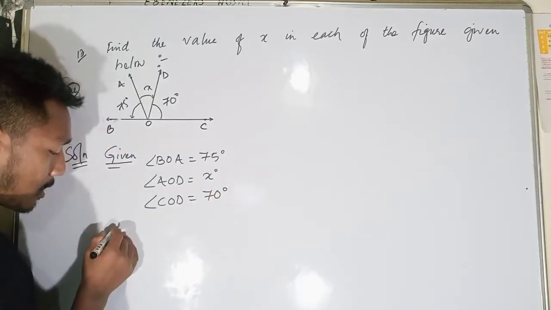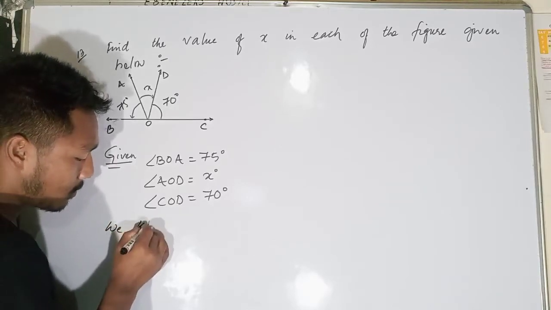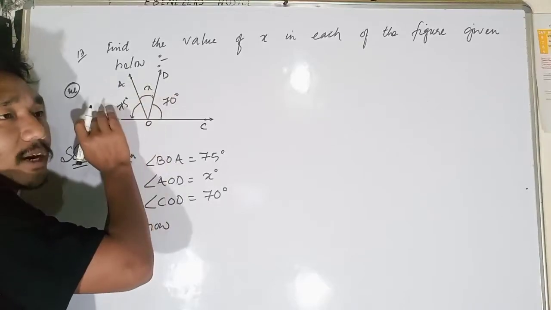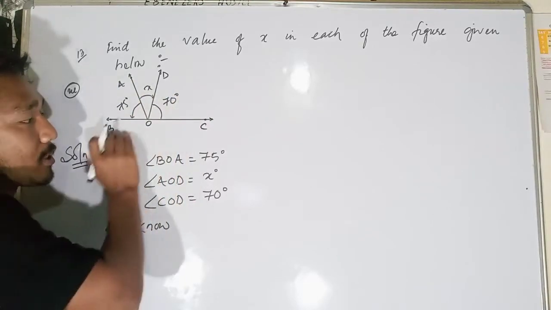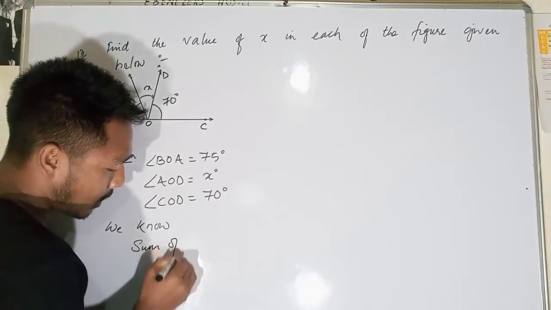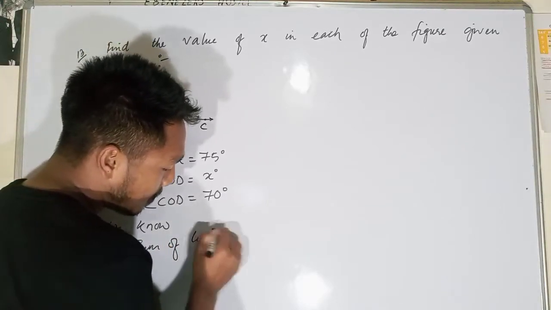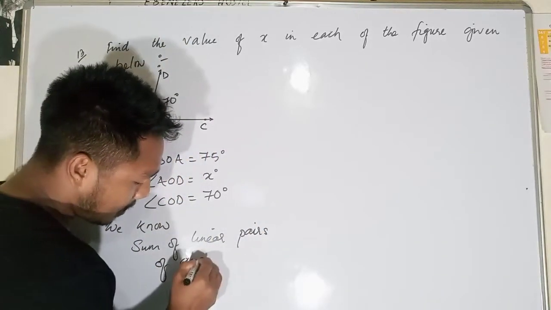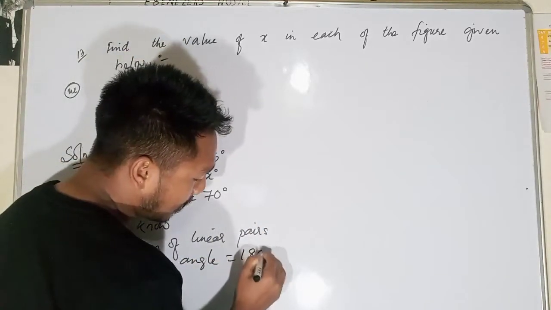Therefore, we know that since all the three angles are lying on the same straight line, that means the sum of linear pairs of angles will be equal to 180 degrees.